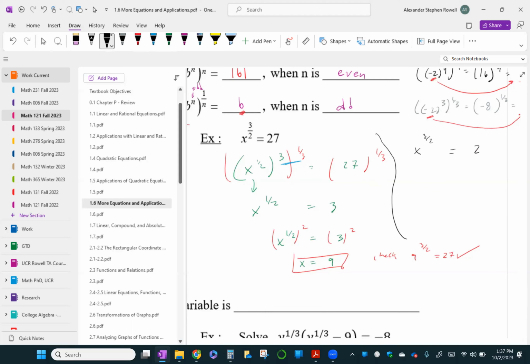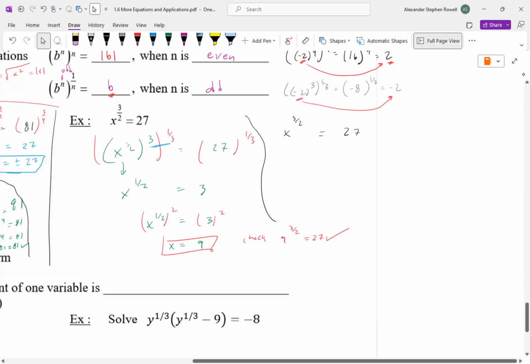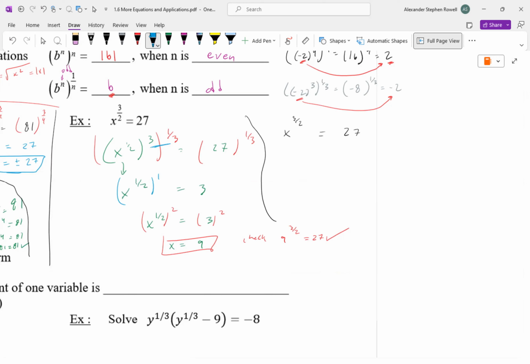Is this 1/3? Yeah, to cancel and make a 1. 3 times 1/3 is 1, and I just didn't write the 1, because anything to the first power is just that anything. Because we're multiplying, I'm trying to undo that.